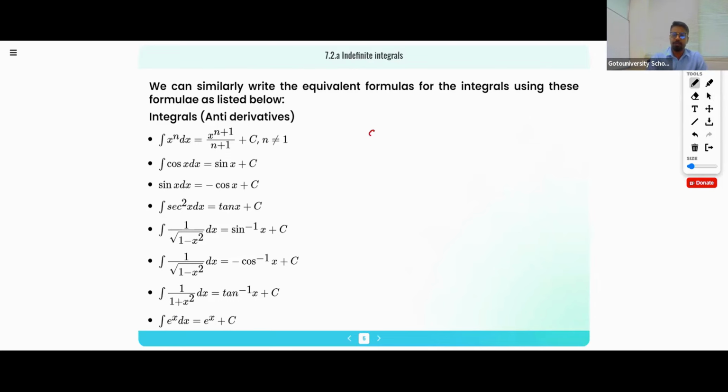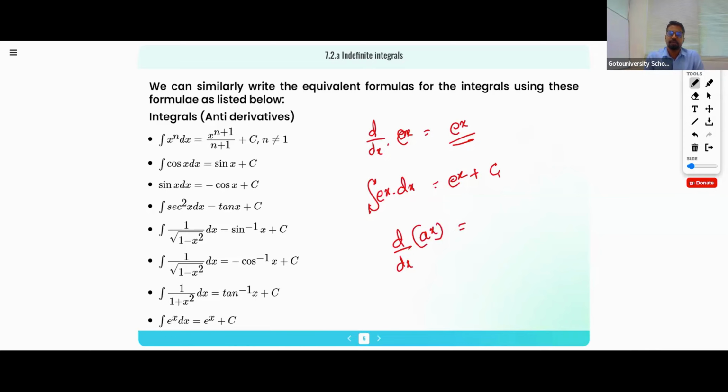For example, what is the differentiation of exponential e power x? That is e power x itself. That's the reason when you integrate with respect to x, it remains as e power x plus an arbitrary constant c. So what is the differentiation of a power x? That is a power x logarithm of a to the base e, plus c.